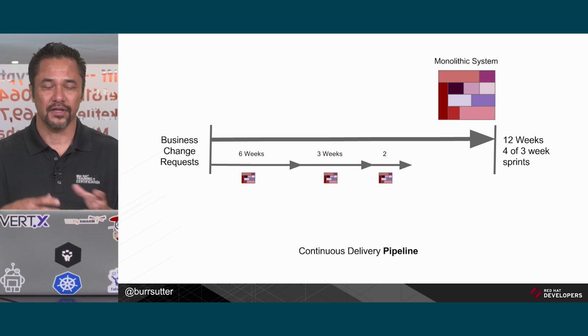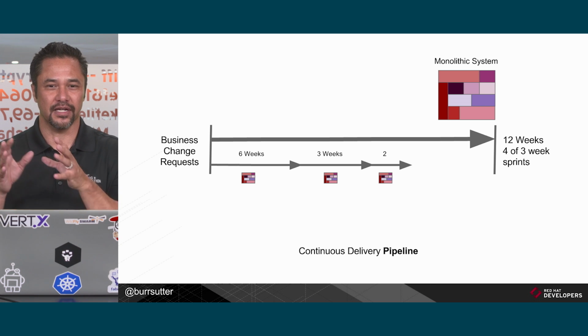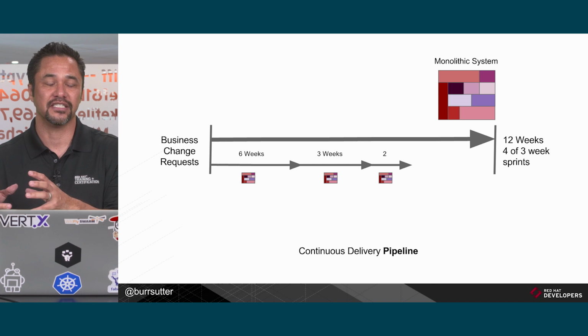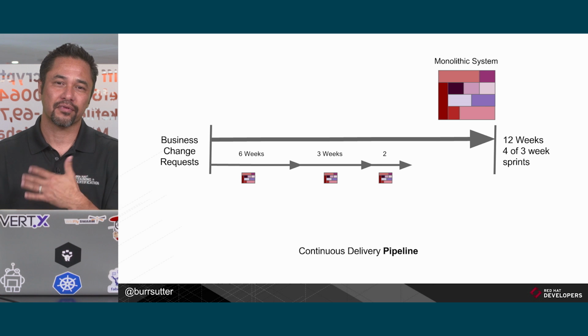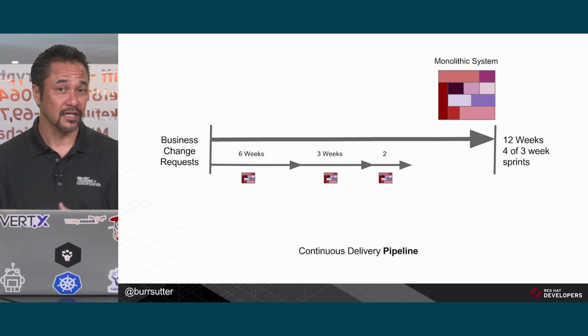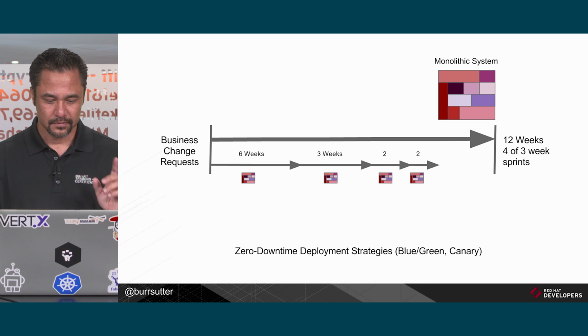Went from the code review and then went into the rest of the pipeline. In this case, let's say it goes to the QA team, goes into the staging environment, and potentially goes into production, but everything prior to production is really part of the continuous delivery pipeline, and continuous deployment is when you actually get to production.